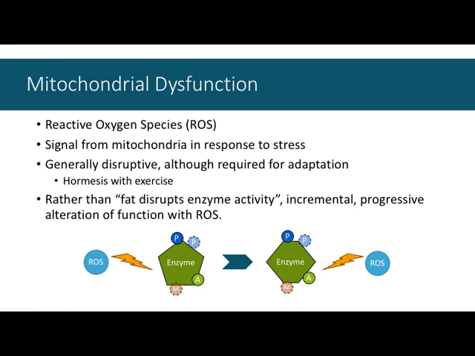And this is how free radicals or ROS generation would impact normal metabolism in the cell. So the question becomes, where do these come from? Where do ROS come from? How are they produced? And does their production change with obesity?